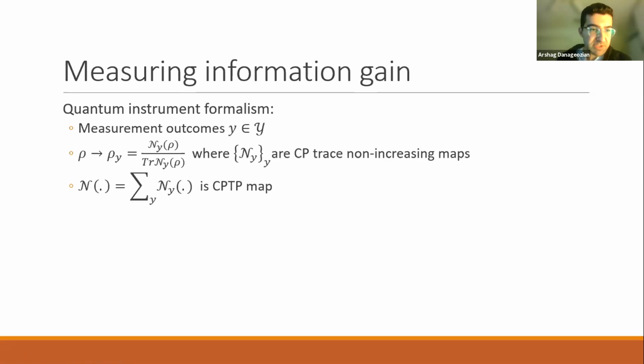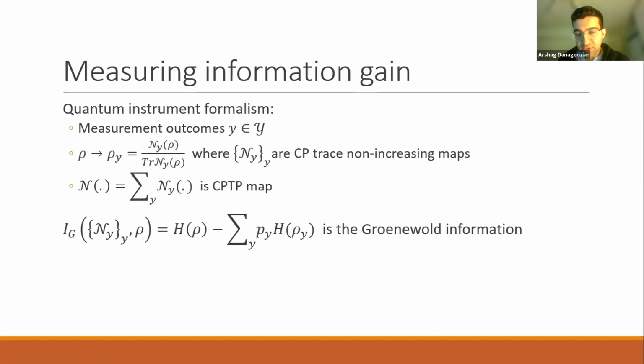Now, within this formalism, you can define a quantity called the Groenewold information, which I denote by I_G, and it depends on the quantum instrument that you use, that is to say the specific measurement, and the initial state of your system. And it's equal to the reduction in the entropy of the state of the system. As you can see here, this is the initial entropy of the state, and this is the average final entropy post-measurement.